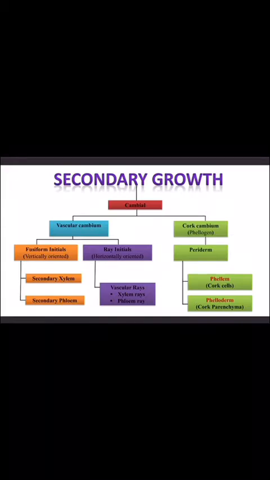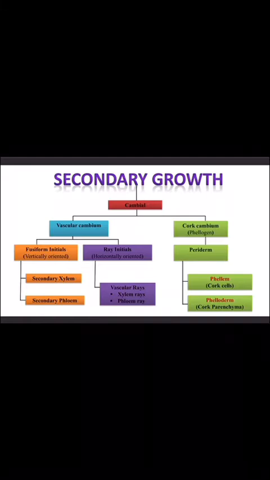The activity of cambium is not uniform throughout the year. Secondary xylem formed during spring has wider elements, and that formed during autumn has narrow elements. So due to differential activity of xylem, annual rings are formed consisting of spring or early wood and autumn or late wood.